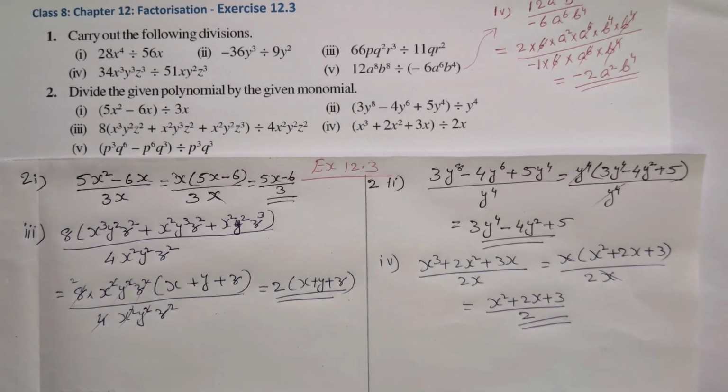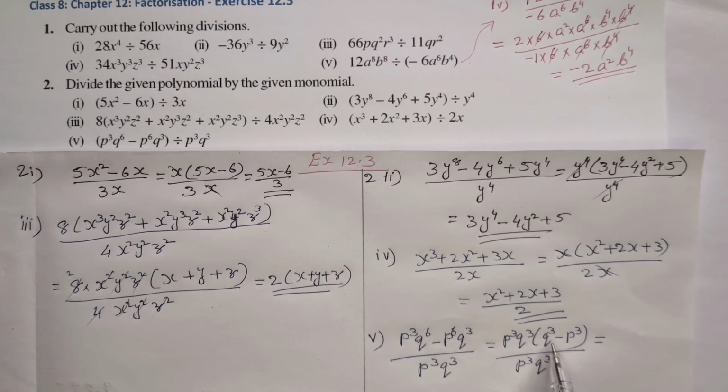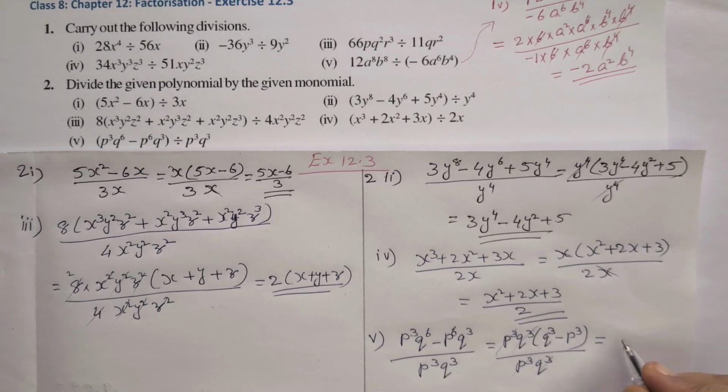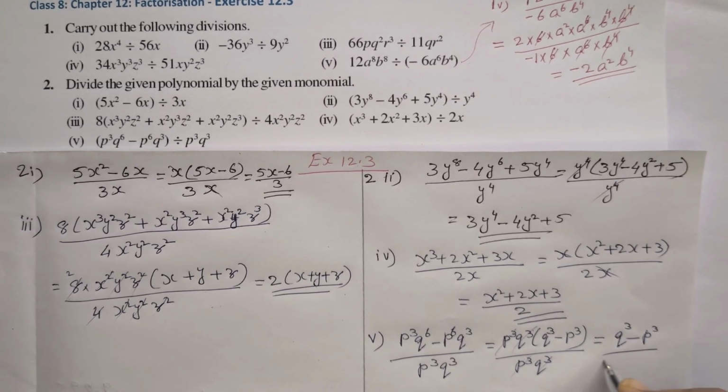So that's the answer. Now the fifth one, p cube q raised to 6 minus p raised to 6 q cube by p cube q cube. From the numerator we can take p cube q cube as common. So that will cancel from here, and remaining q cube minus p cube.